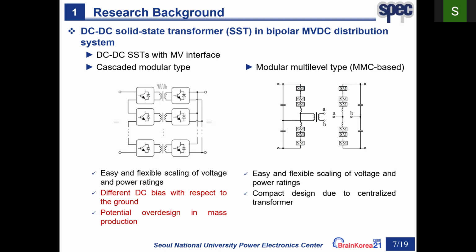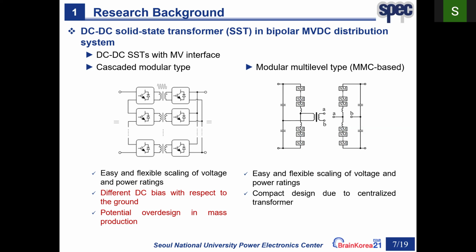Although they feature flexible scaling of power and voltage ratings due to the modular structure, each transformer suffers from a different DC bias with respect to the ground. However, in modularized mass production, the installation level should be designed considering the worst case. So this could result in significant waste regarding the space for air isolation as well as bushings.